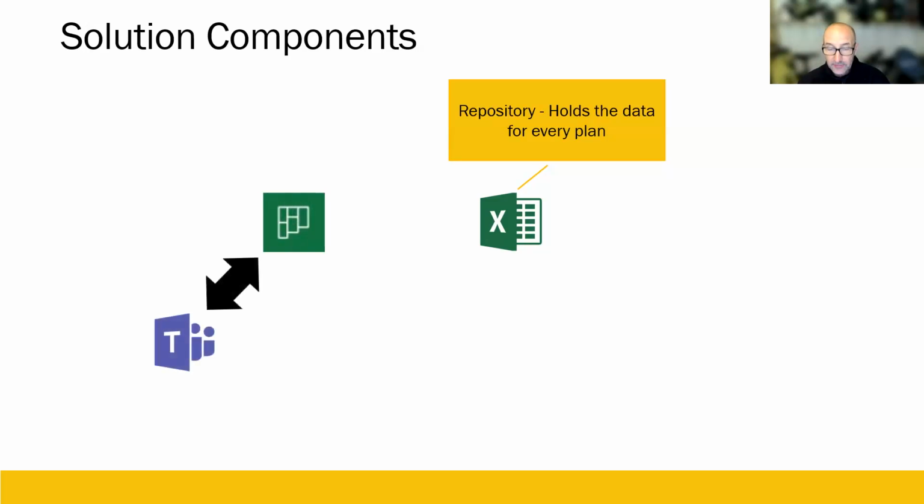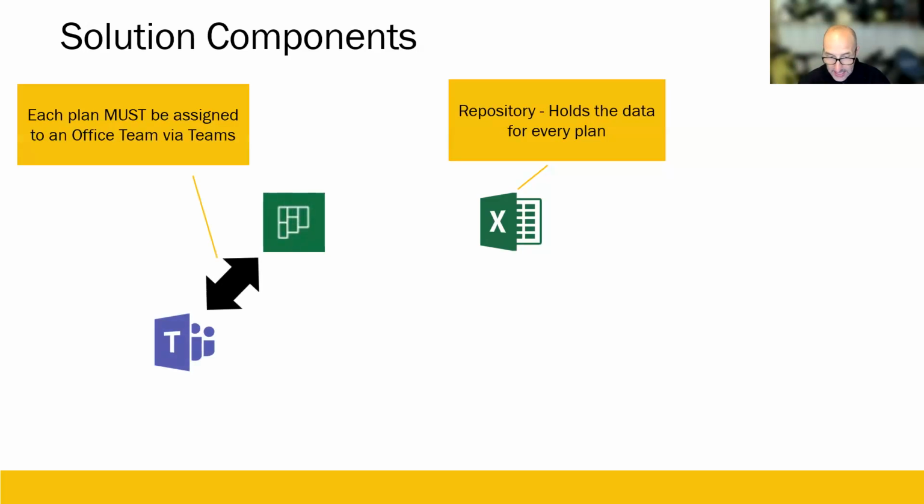What we then have is Planner plans, and each Planner plan must be assigned to an office group via Teams, to an office team via Teams. So what do I mean by that?